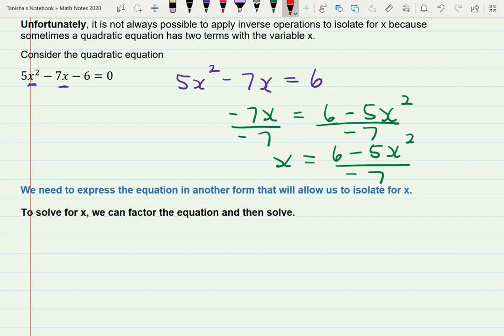What's 6 minus 5x squared all divided by negative 7? Well, if I don't know what the x on the left is equal to, how do I know what x squared is equal to, right? We can't solve using this method because we still have an unknown on the right side of our equation that can't help us figure out what the value of x on the right side is equal to, because that is also unknown too. So we have to apply another method.